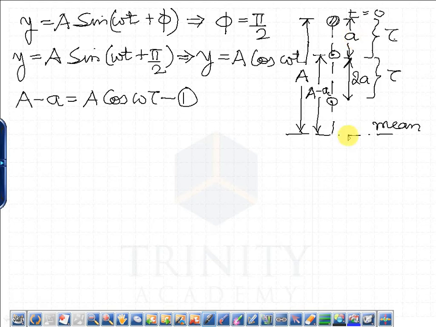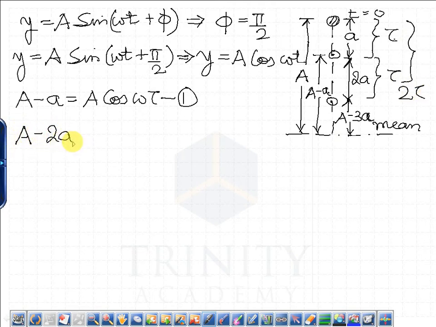From the mean position, the same distance will become a minus 3a. So geometrically we can say that the position of the particle will be a minus 3a after time equal to 2 tau second. So the second equation that we will get is a minus 2a is equal to a cos omega into 2 tau. We can solve this equation and we will get our required answer.